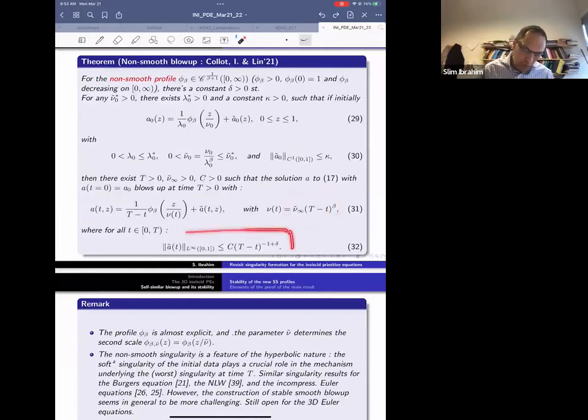And we do have control of the solution; the error, sorry, A tilde is the error. Good.